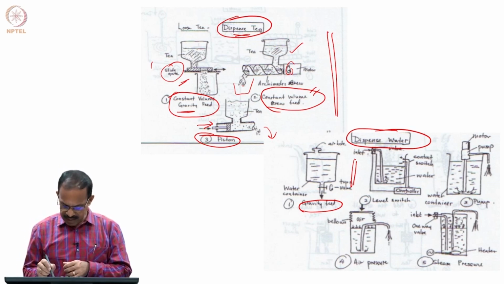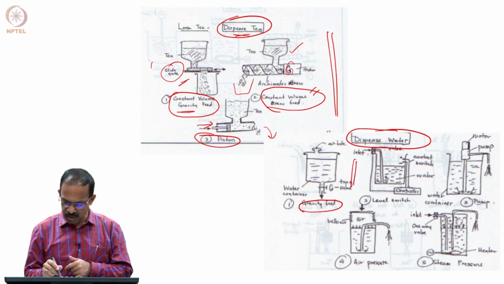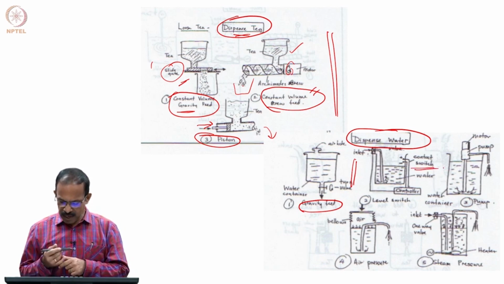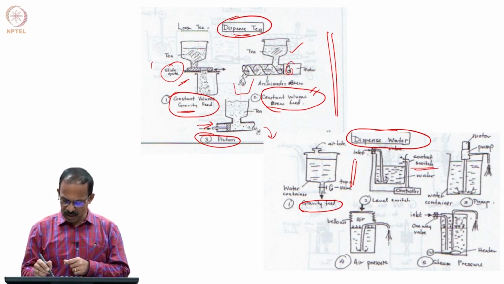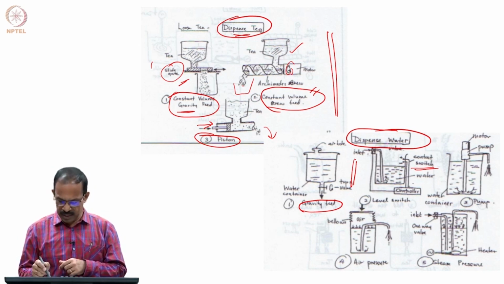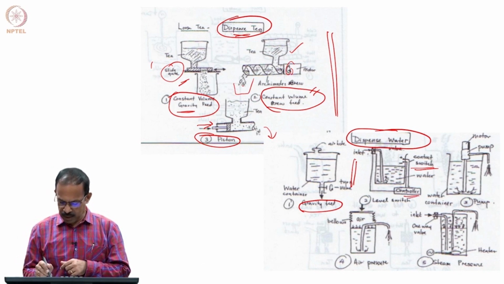Another method is like this, you can have a controller, an inlet and a valve. The controller will look at the water level, and then based on the control input, it will pump the water out. So, you will be getting the water out from the container using electronic control.